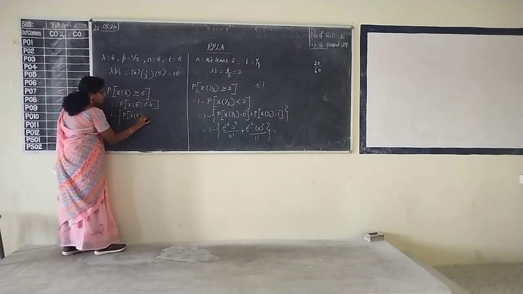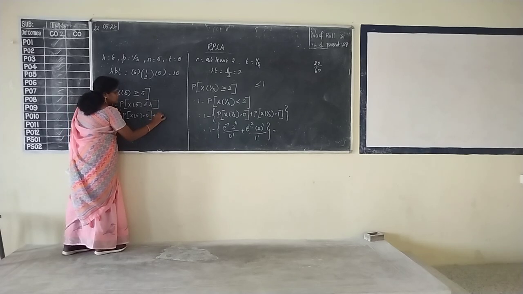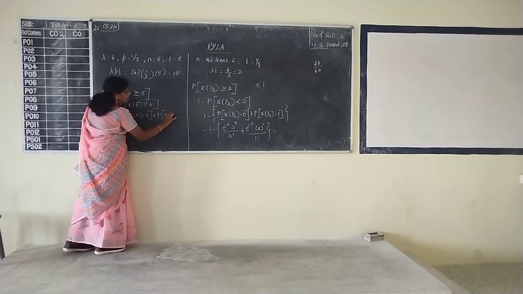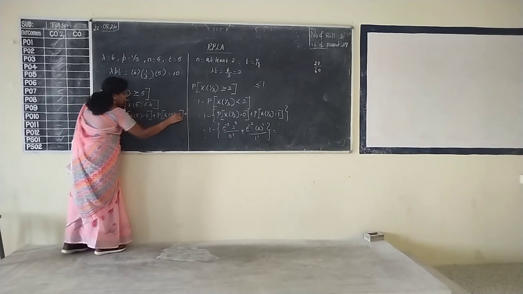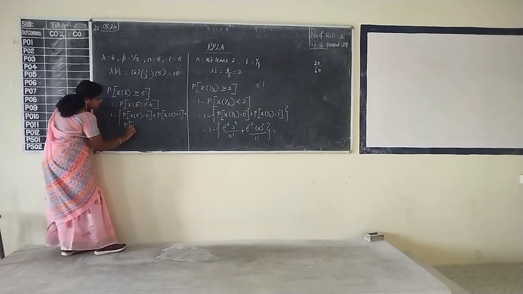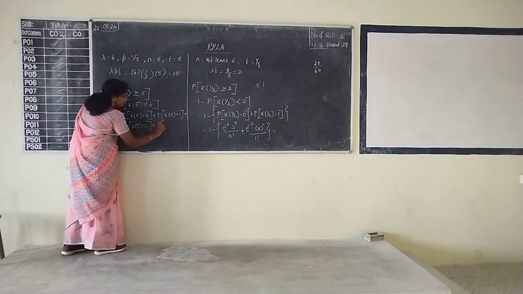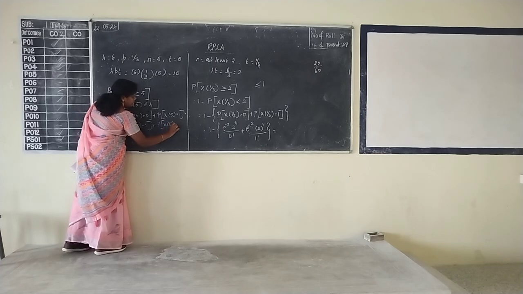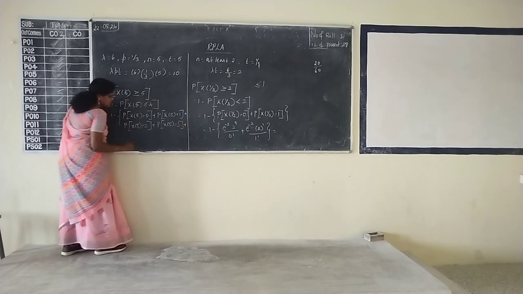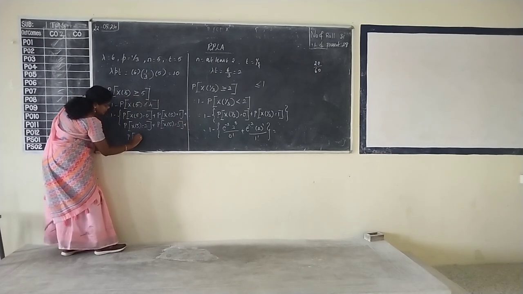1 minus [probability of X of t equal to 0 plus probability of X of t equal to 1 plus probability of X of t equal to 2 plus probability of X of t equal to 3 plus probability of X of t equal to 4].